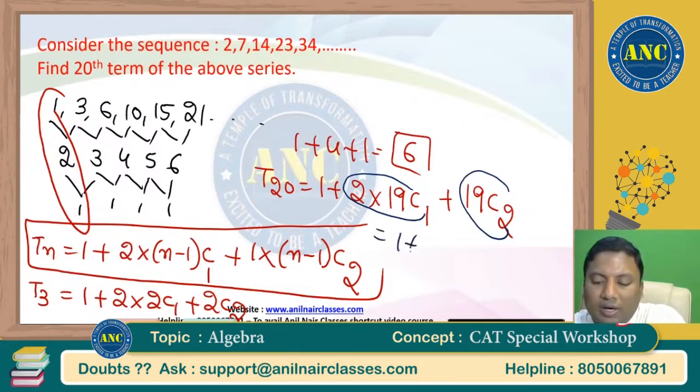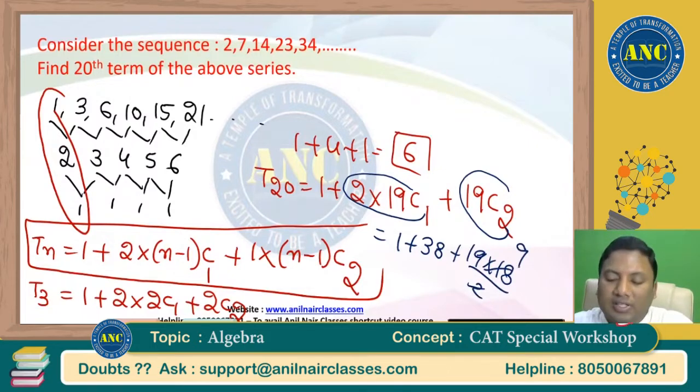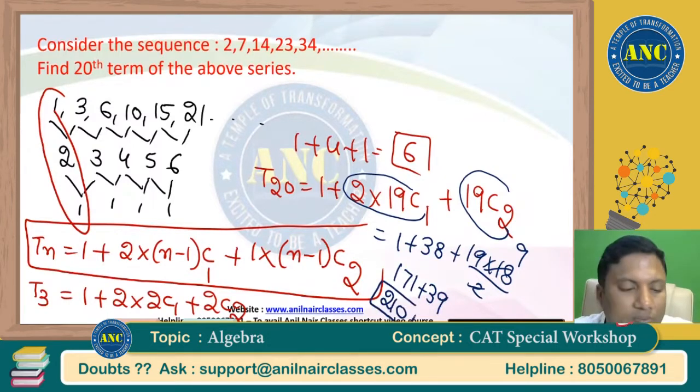Or otherwise 1 plus 38 plus 19 into 18 by 2. 19 nines are 171 plus 39. 171 plus 39 is nothing but 210. I hope the idea is clear. Any question, without finding the values of capital A, capital B, capital C, you will get the answer.